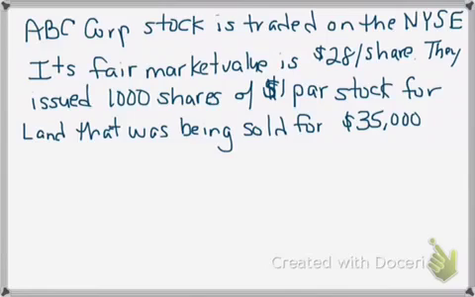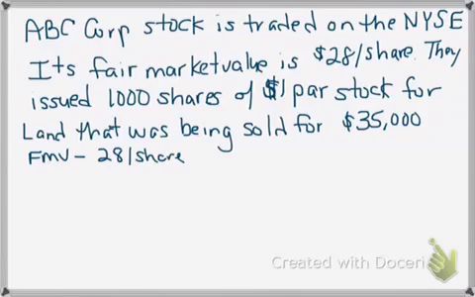The next journal entry says ABC Corporation stock is traded on the New York Stock Exchange. Its fair market value is $28 per share. They issue 1,000 shares of $1 par stock for land that was being sold for $35,000. So what we have here is we are looking at this fair market value. The fair market value of the stock is $28 per share.